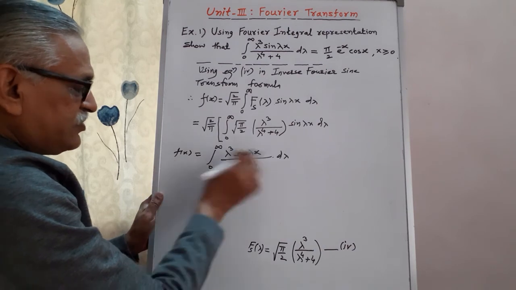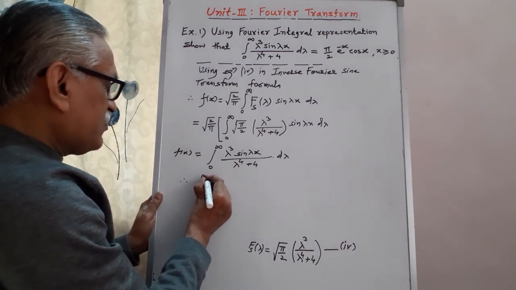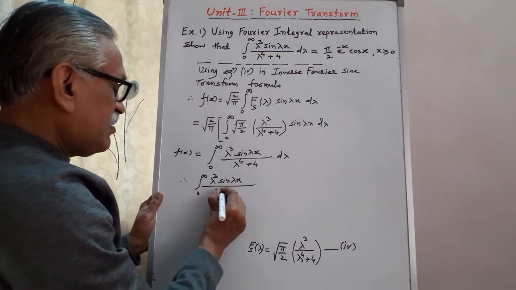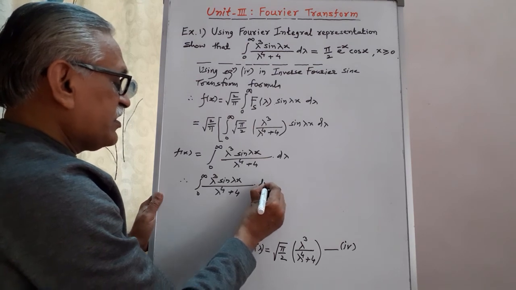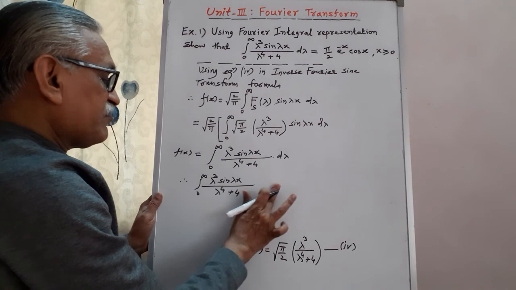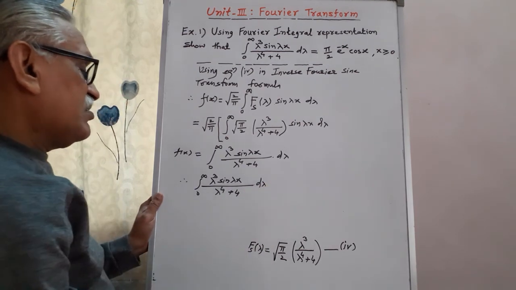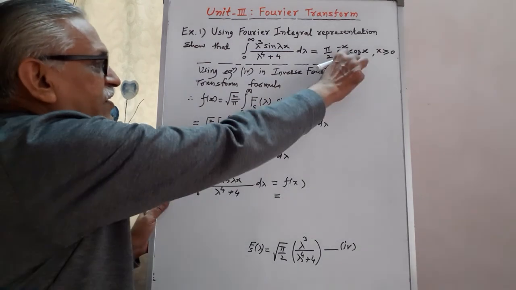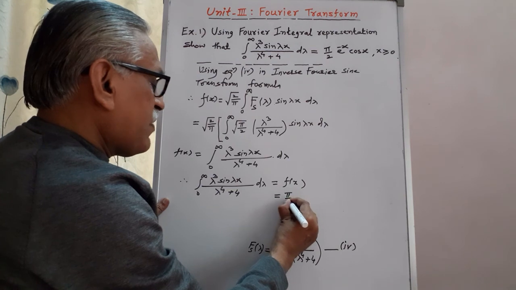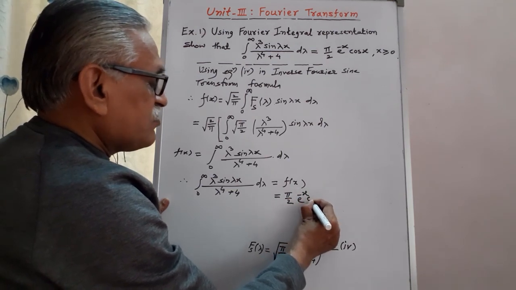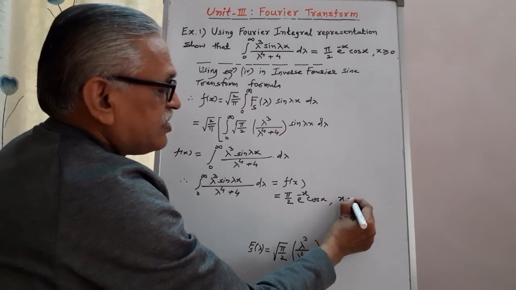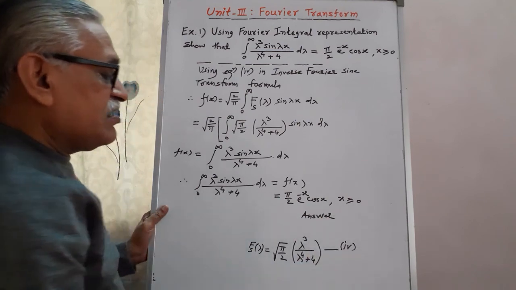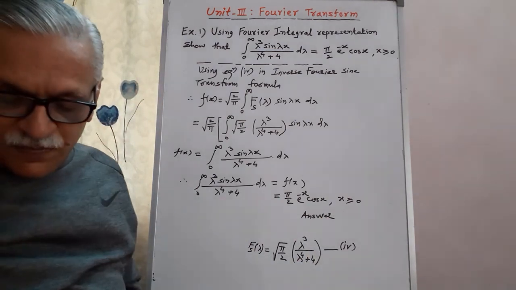Interchanging the sides, we get therefore integration from 0 to infinity of lambda cube sine lambda x divided by lambda raised to 4 plus 4, its integration with respect to lambda, is equal to f of x, and substituting the value of that f of x, given f of x is pi by 2 e raised to minus x into cos of x for the condition x greater than or equal to 0, and this is the required answer or required Fourier integral representation.